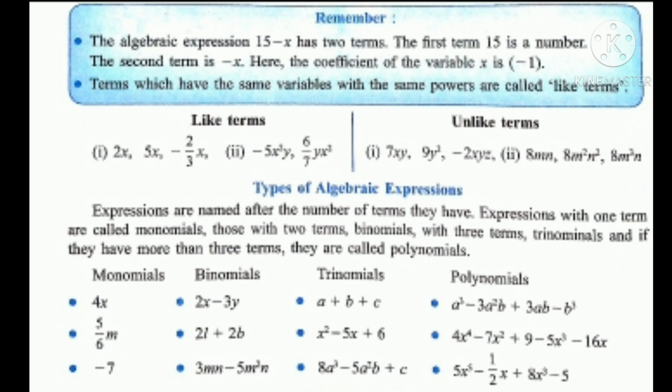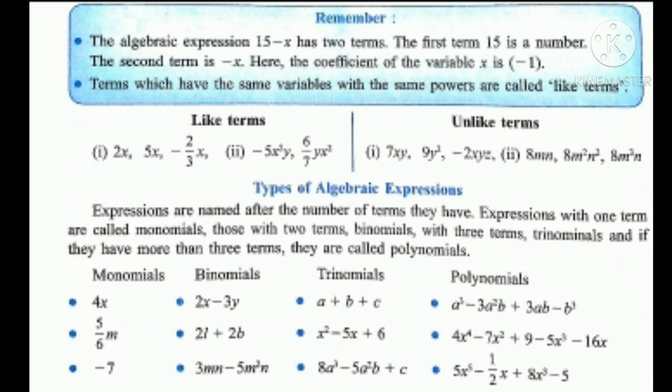6 by 7 y x cube, both are like terms, as both have the same variables with the same power. And unlike terms, what do we mean by unlike terms? For example, 7xy, this is one expression, 9y cube, minus 2xyz. Here all three terms have a variable, but they don't have the same power.